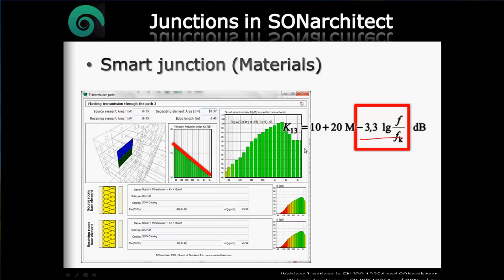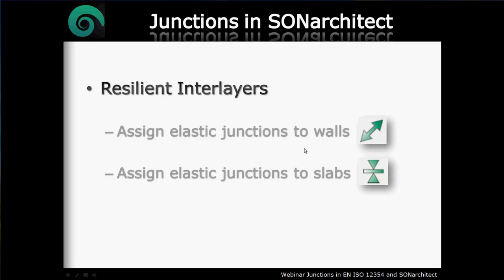So this is just a very brief demonstration that you don't really have to give some information to SONarchitect to make it assign the correct model to calculate junctions. However, there is some information that is not already in the geometry or in the definition of the materials. And this information is whether or not there is a resilient interlayer between elements.